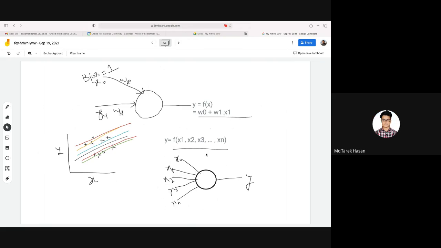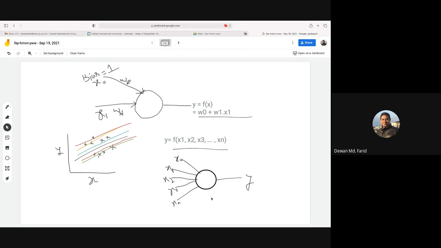We cannot visualize it, because our brain can only visualize up to 3 dimensions, and this is n dimensions. But with mathematical formulas we can actually solve this one, right?